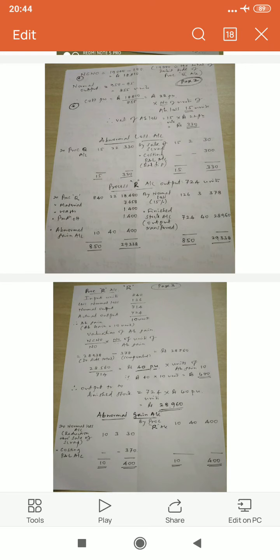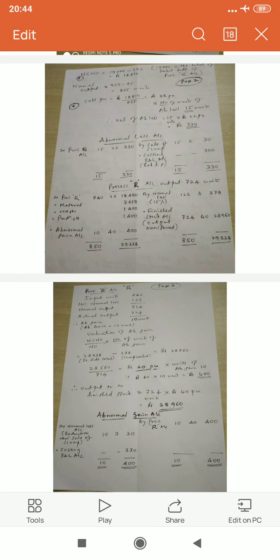How much is the normal loss? In respect of process R account, normal loss is 15% of input. How much is the input? Input being 840 units. 15% of 840, it works out to 126 units. 126 units into scrap value per unit of normal loss in respect of process R, rupees 3. Now, totaling to rupees 378.